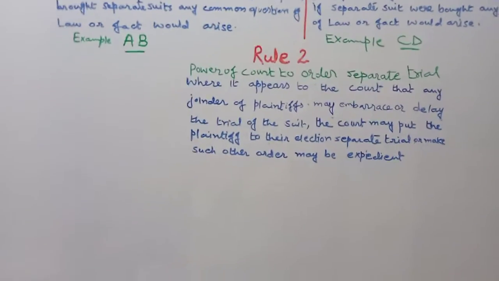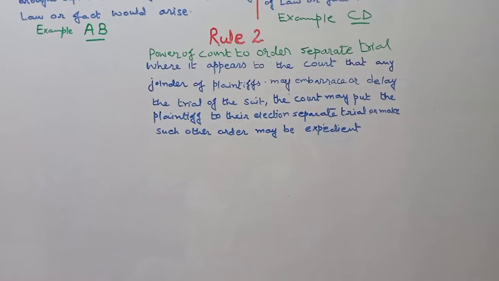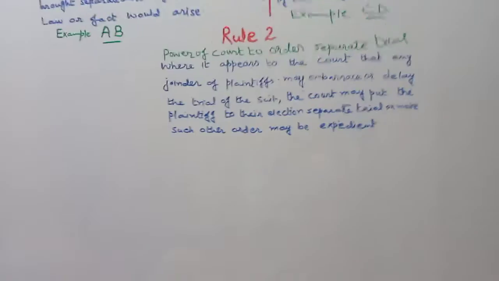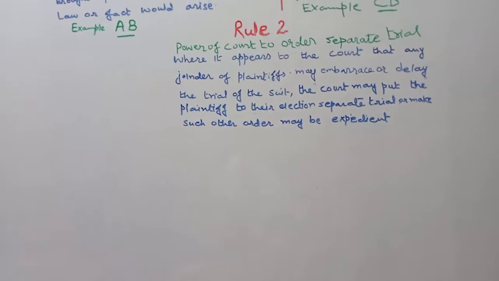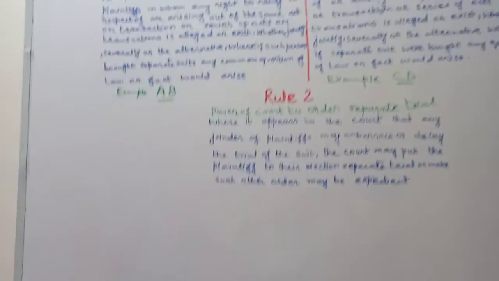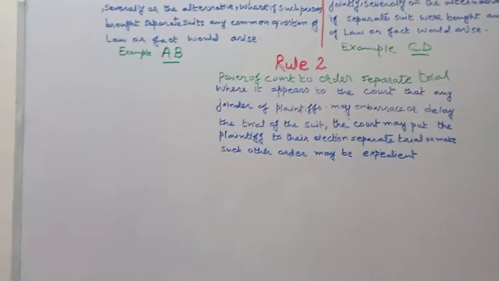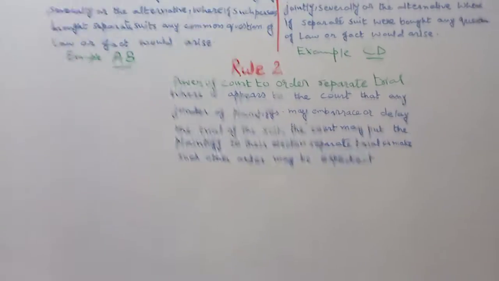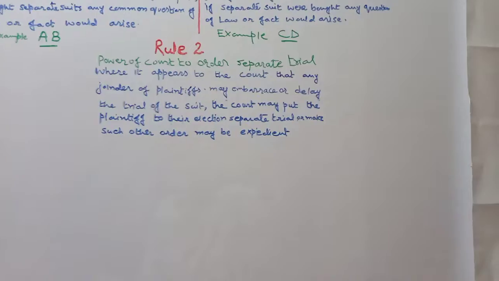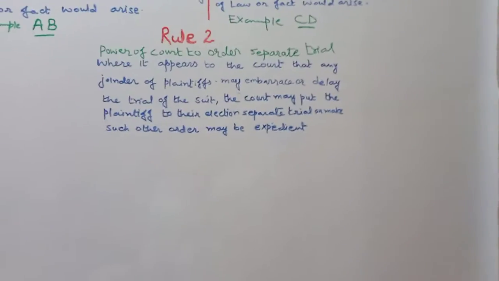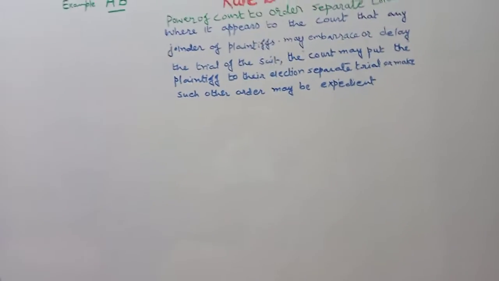If there are many plaintiffs, like A and B's children, A's children 6, B's children 6, and they are not coming and are embarrassing and wasting the time of the court, so the court can pass an order for separate trial.